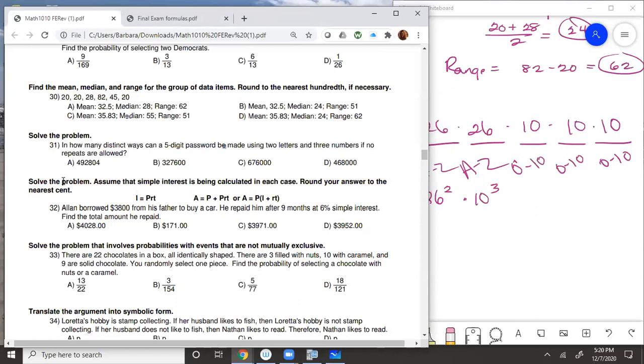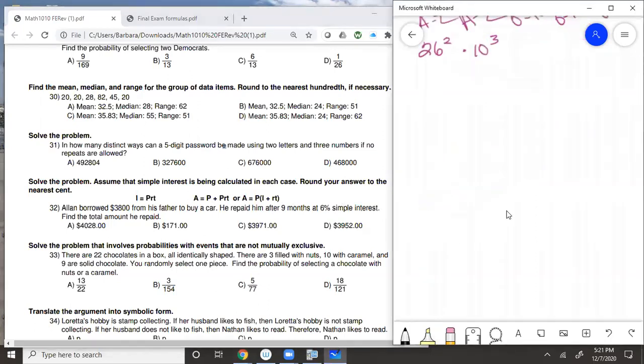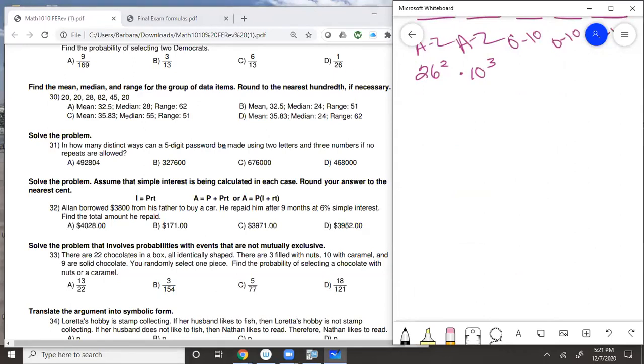Number 32, Alan borrowed 3,800 from his father to buy a car, and then he repaid him 9 months at 6% simple interest to find the total amount he paid. The only tricky thing here is try to find out what time is in years. Find the total amount he repaid.